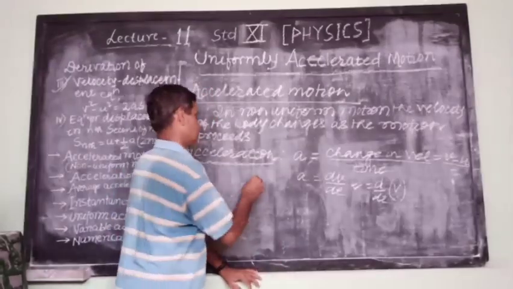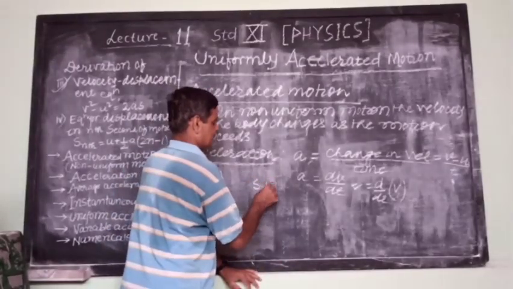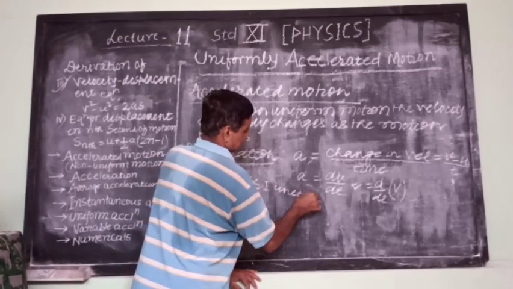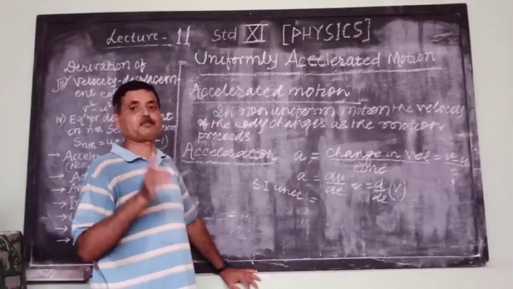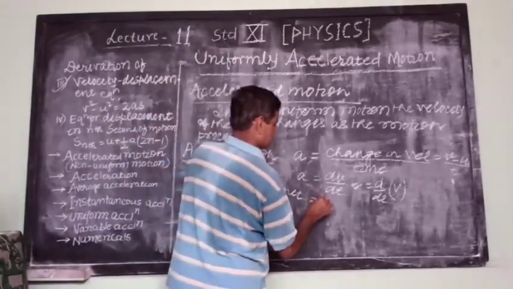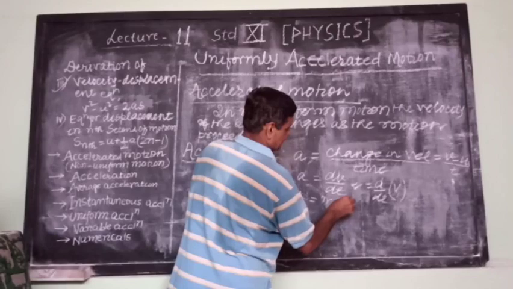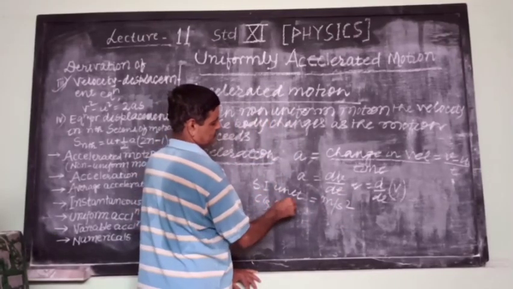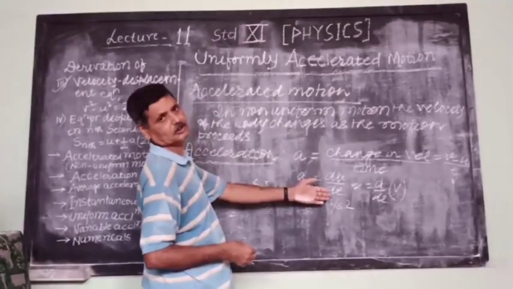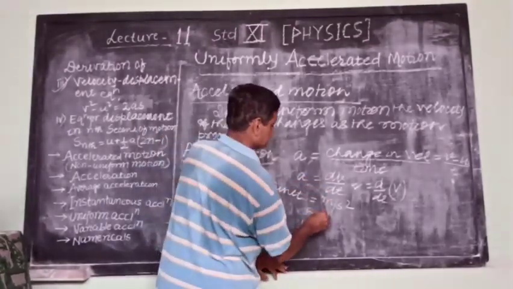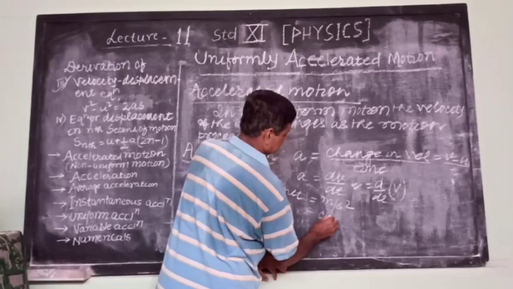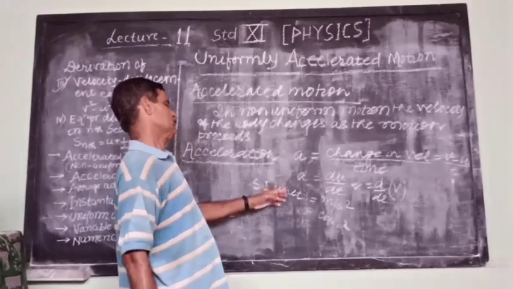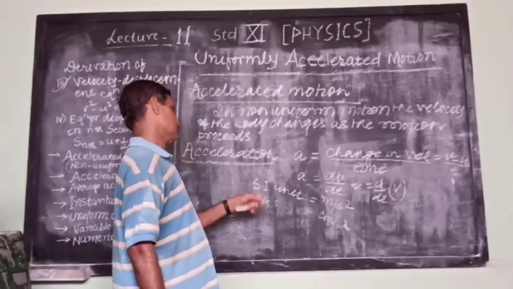SI unit, it is already known. SI unit of acceleration is meter per second square. What will be its CGS unit? You have to replace meter with centimeter. Centimeter per second square. So write this is the unit.